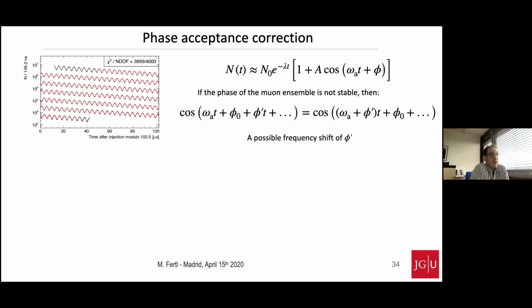But if this phase is not stable over time, then if you just perform a Taylor expansion in the cosine, then you can see that actually there is a contribution. The first derivative of the phase in time looks like a shift in the frequency. And so this is really dangerous. If this phase is not stable over the course of your measurement, then that could introduce a systematic bias. And this is one of these effects that we call the early to late effects.